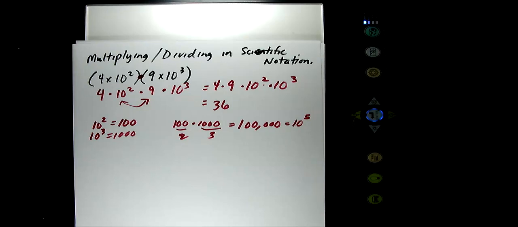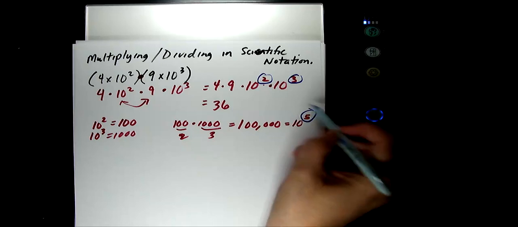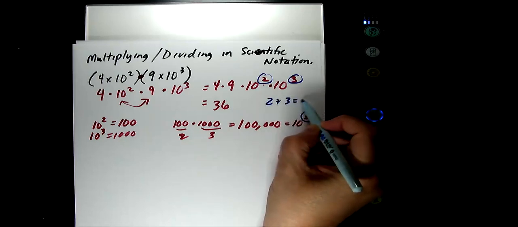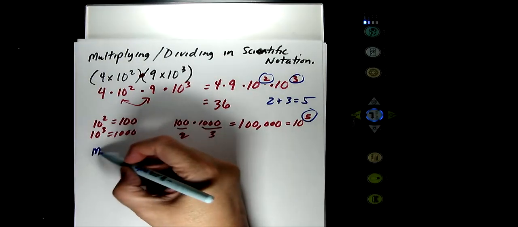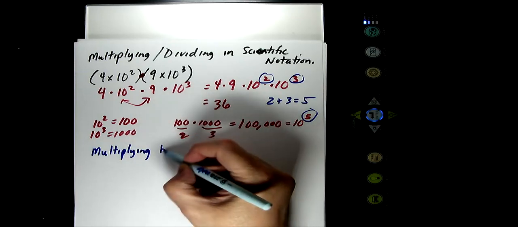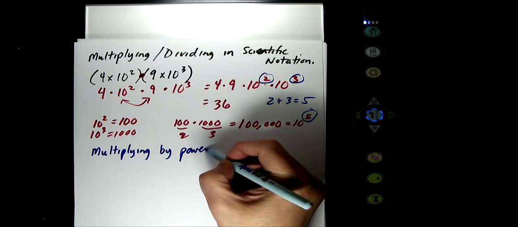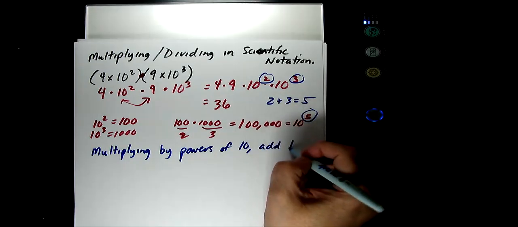The shortcut is we had a 2 and we have a 3 and now we have a 5. 2 plus 3 equals 5. You add them. So when multiplying by powers of 10, add the exponents.